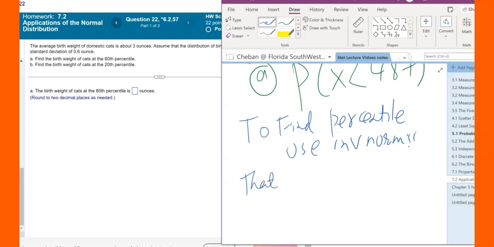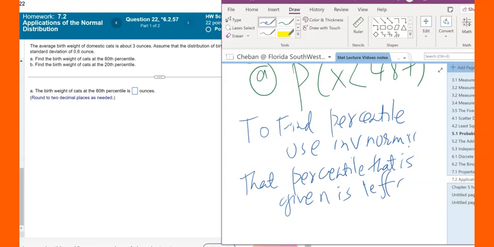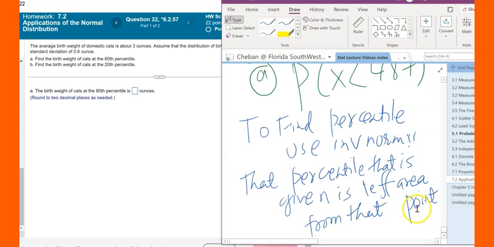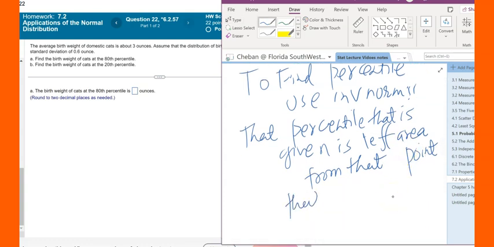That percentile that is given is the left area from that point that we are looking for.